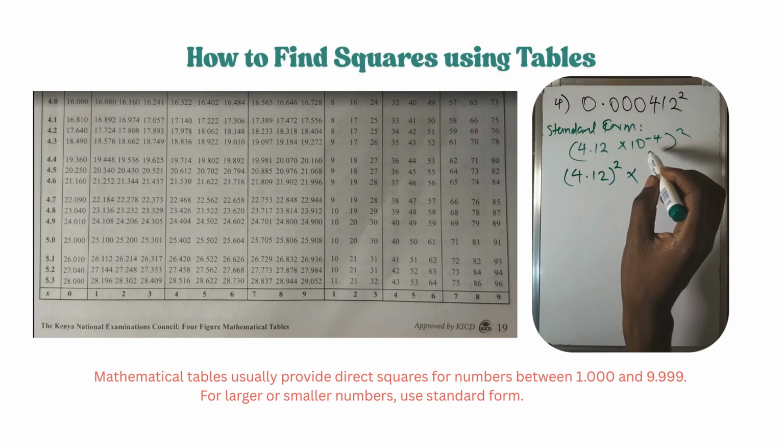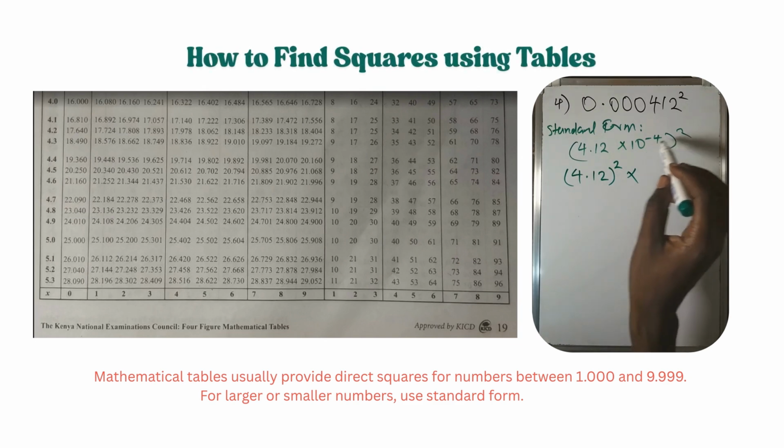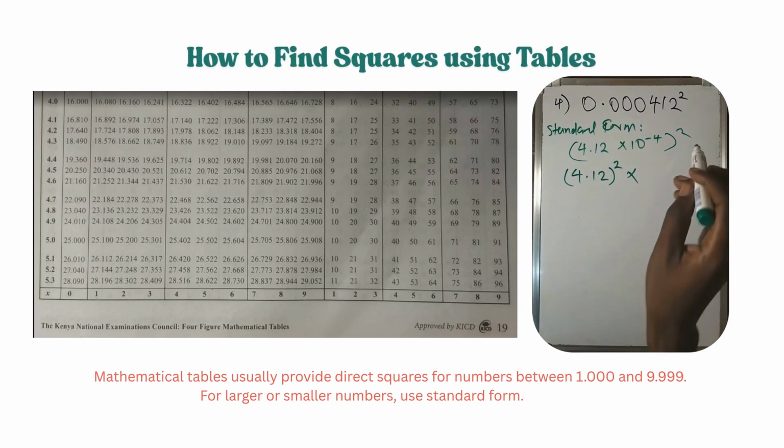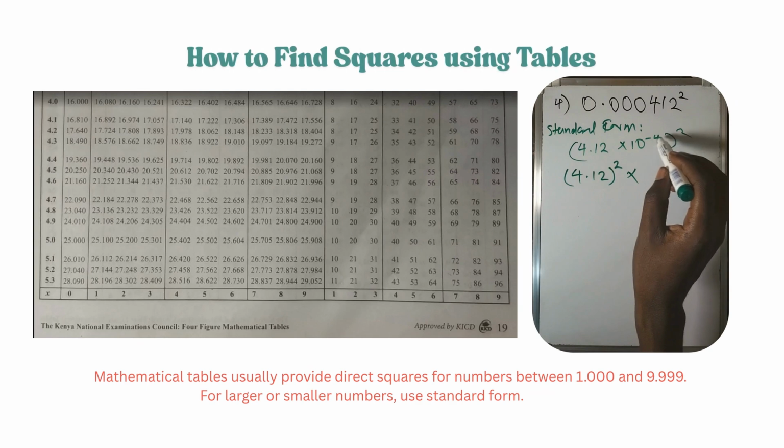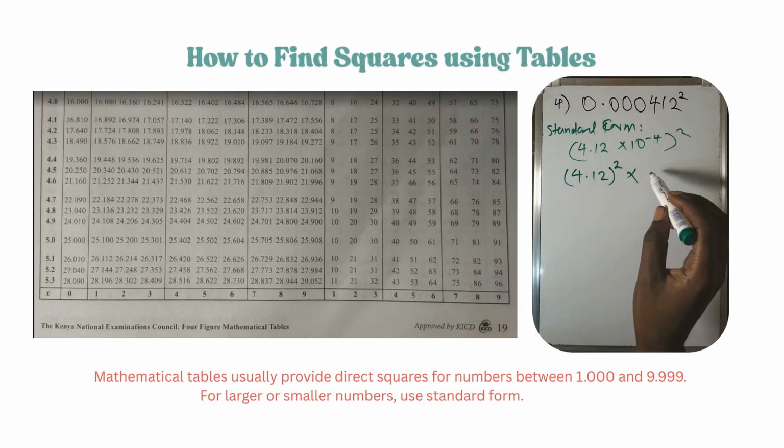When you square an exponent, you just multiply by 2. You learn more in grade 9 about indices, but for now, when you square an exponent, you just multiply by 2.